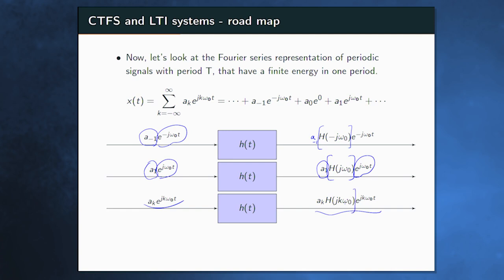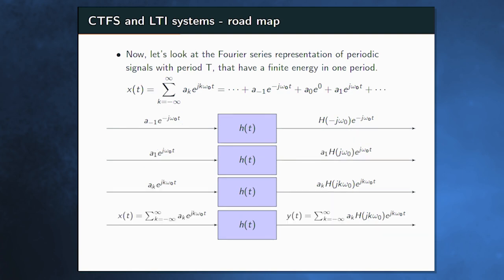Here omega naught is the fundamental frequency of the input signal, the periodic signal. K is this term that I have. This shows the k-th component of x of t, and H of j omega is the frequency response of the system, or H of s when s is equal to j omega.